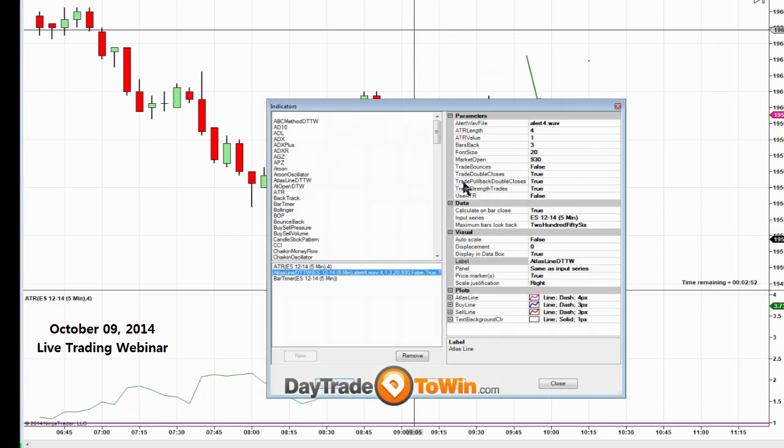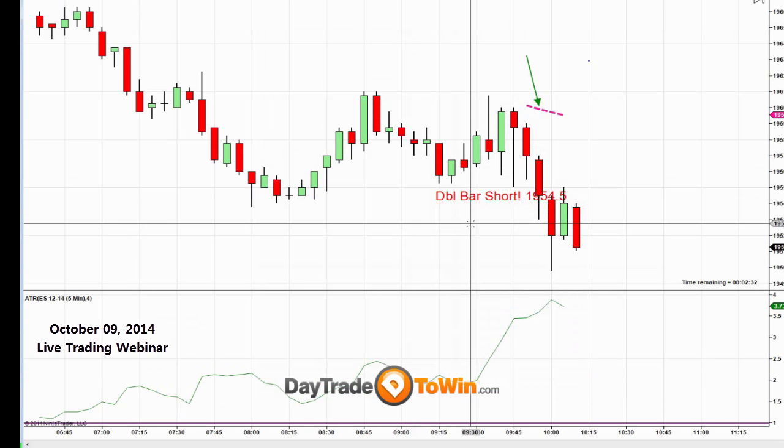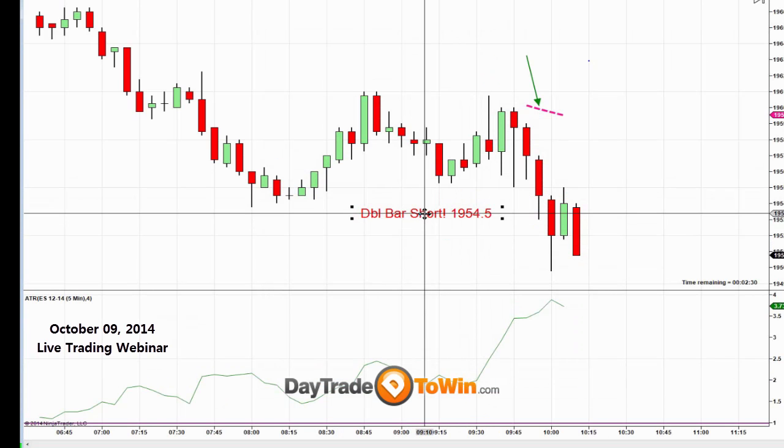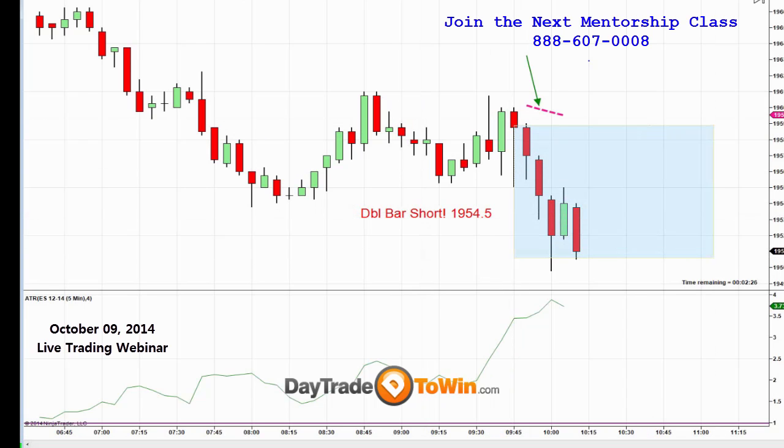I have those set to false because it provides a lot of signals, and I don't want to clutter up my chart. It has a filter, whether you want to use the average true range to filter out when the market's slower, when you don't want to see any signals. So the Atlas line does a lot. But primarily the focus is, if price is below it, think about short trades, whether it be scalping or holding for a longer term.